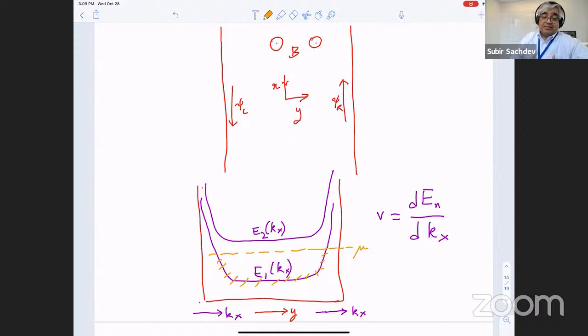Now we want to perform an experiment where we drive some current through the sample. The current is going to go in the x direction here. Since it's the Hall effect, we're going to apply a voltage in the y direction and drive a current in the x direction. So what does a voltage correspond to?